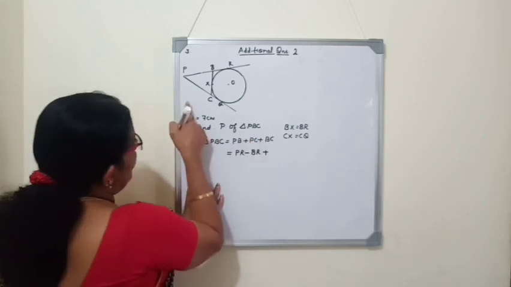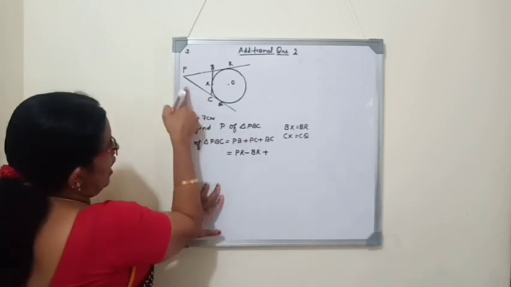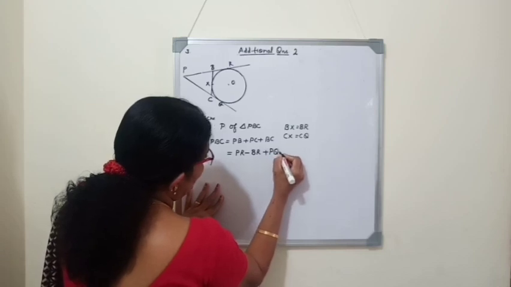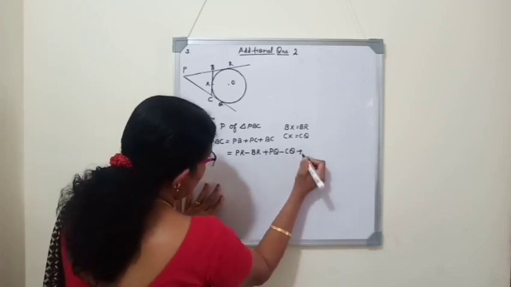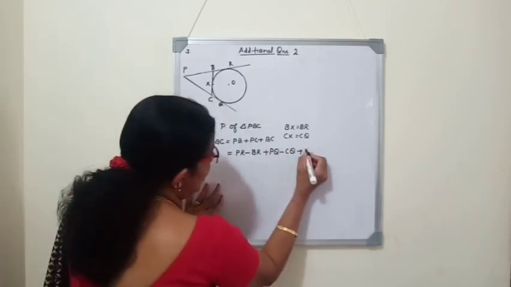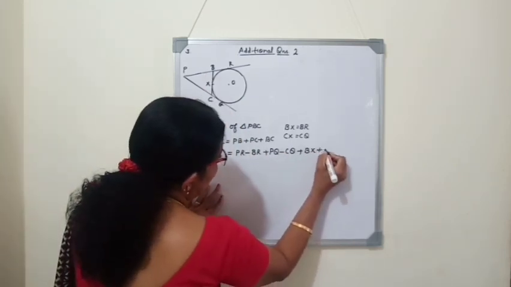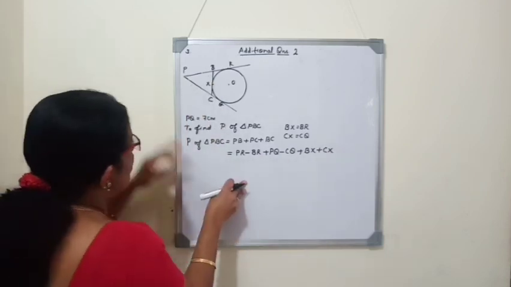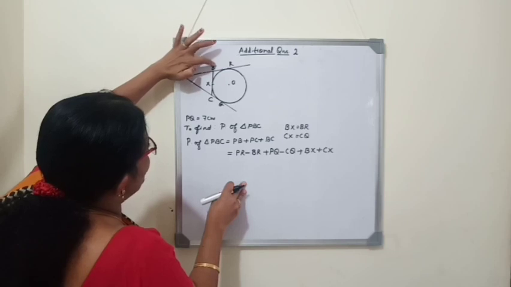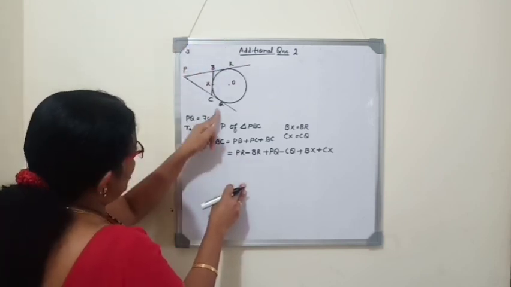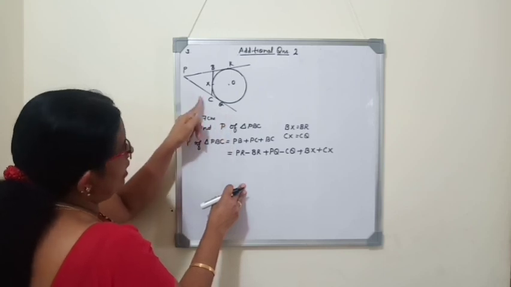Plus, the same way, PC can be written as PQ minus CQ. Plus, BC is the sum of BX and CX. I think you understood this. If you subtract this length from PR, you will get the length of PB. Same way, PQ, if you subtract CQ, you will get PC.